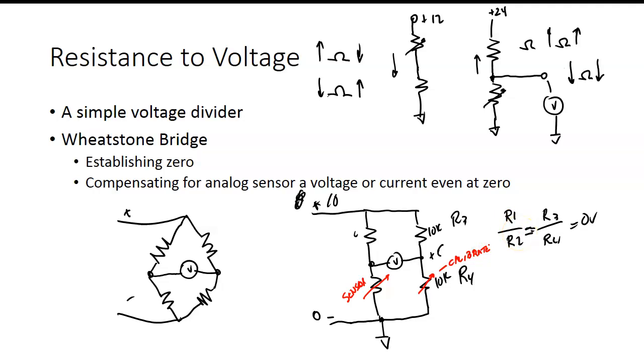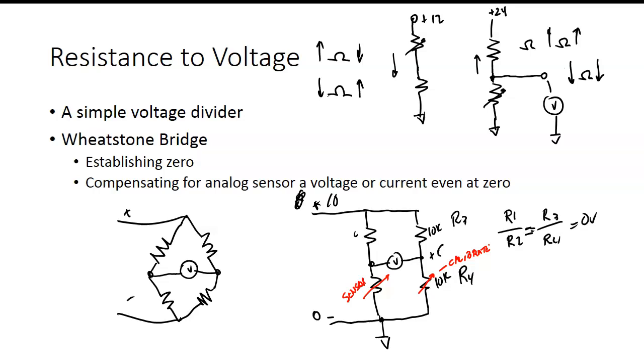So let's say it's a temperature sensor. We're going to look at a temperature sensor called a thermistor. And it does exactly what it says: it changes its resistance with temperature. We can take the thermistor and put it into a glass of ice water, and then I can come over here and adjust this until that measures 0.